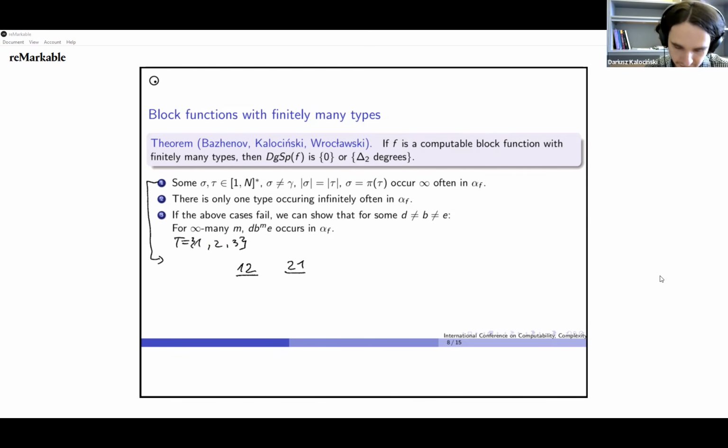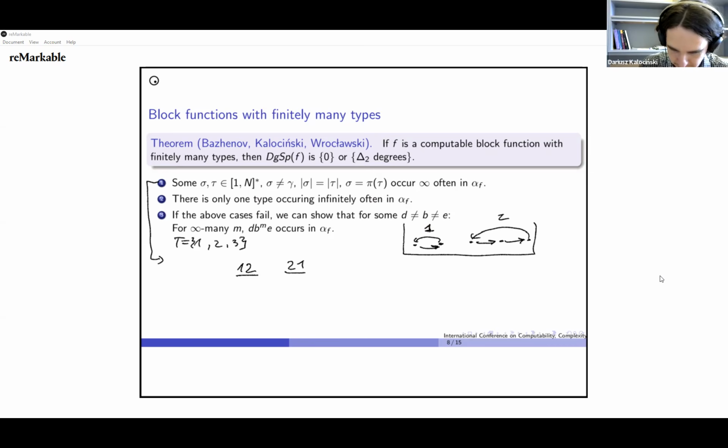So this could be, for example, type 1 and type 2, and 1, 2 appears infinitely often.